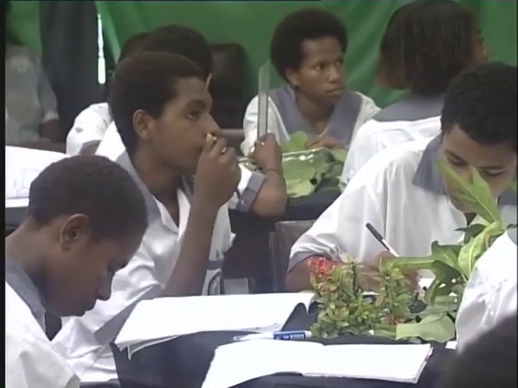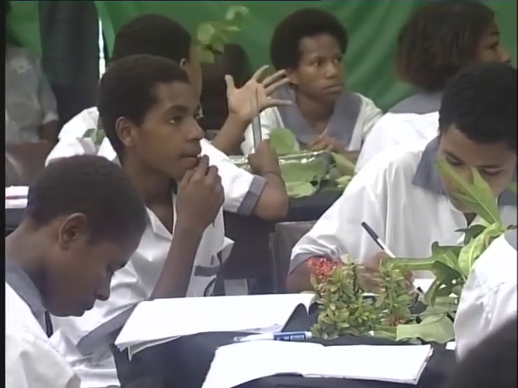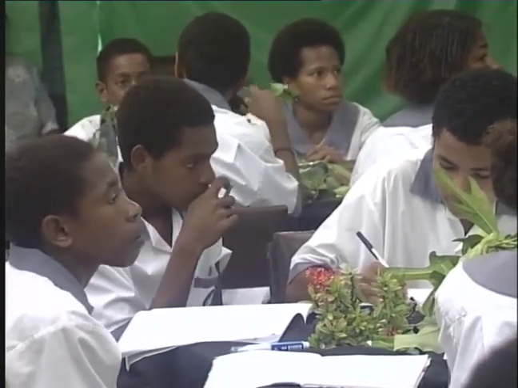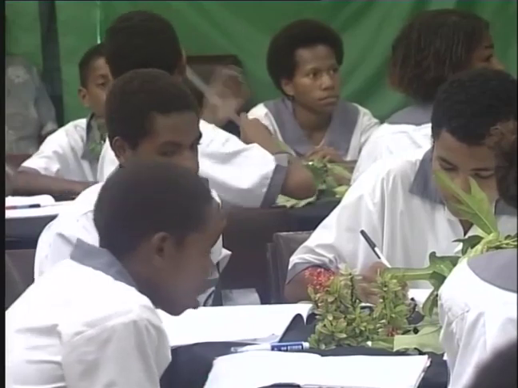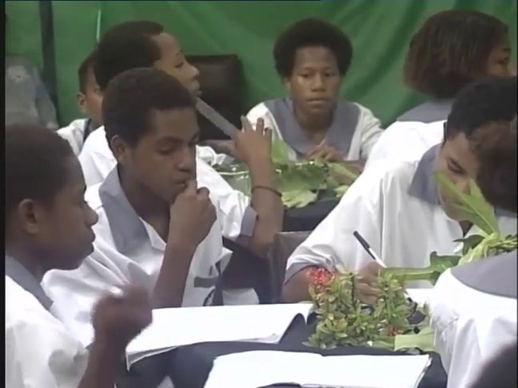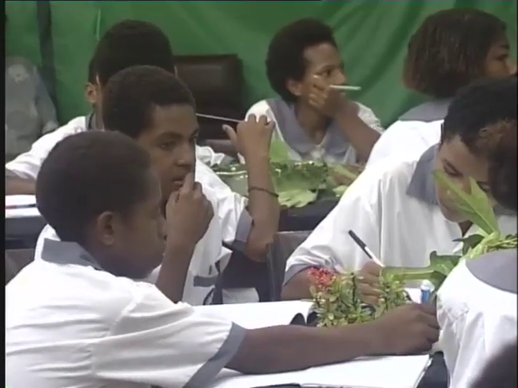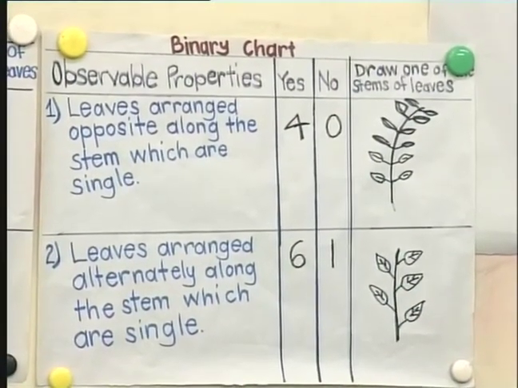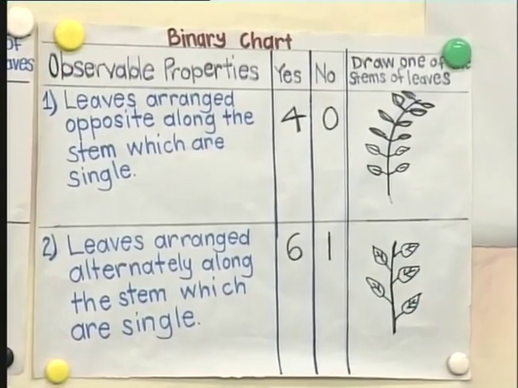And like Michaeline and her friends have found out when they were sorting out, I hope you also found out the same. In their case, they found out that when they sorted out leaves arranged opposite on the stem, they didn't have any that was in cluster, okay?